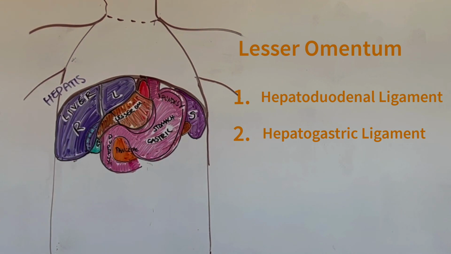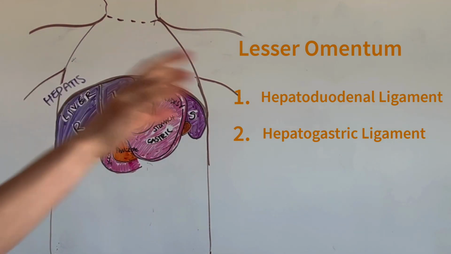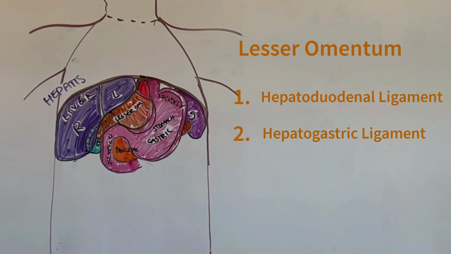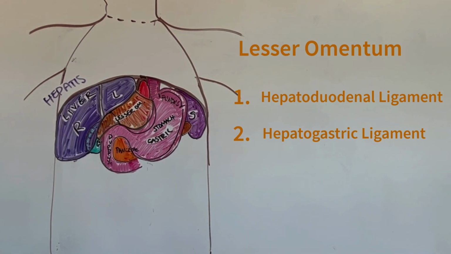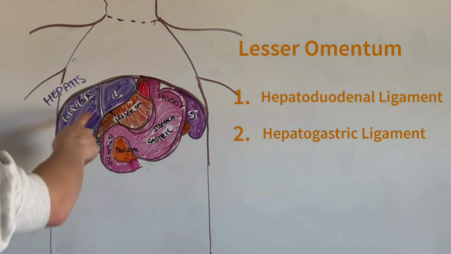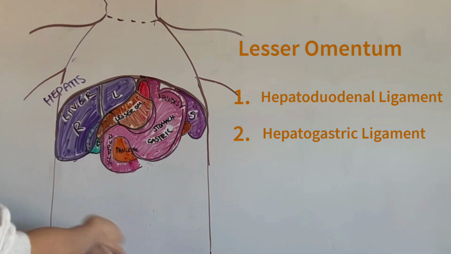So it's not like the ligaments you learned about in the limbs. Instead of connecting bone to bone, which is what a ligament typically does, this is connecting organ to organ. That's how I want you to think about it. So organ to organ, hepatoduodenal, hepatogastric ligament, which are just parts of the lesser omentum.